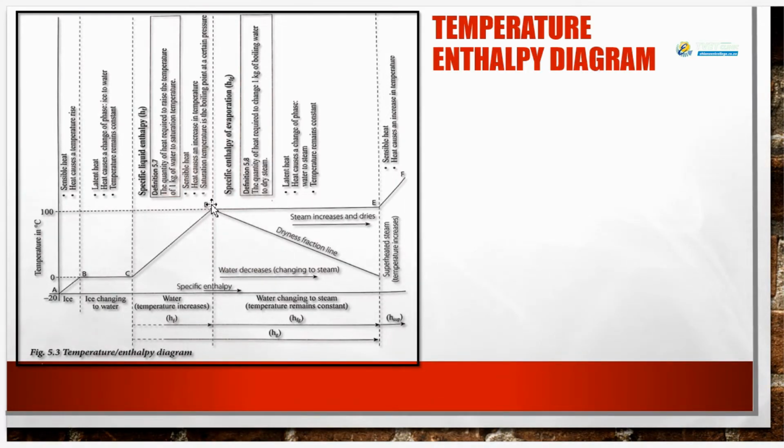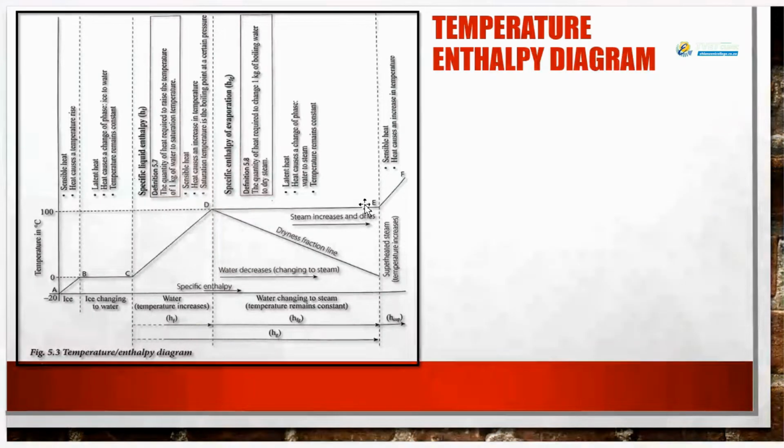Now let us look at point D to point E. Point D to point E, our temperature remains constant, 100 degrees Celsius. But what is happening to the water? The amount of water decreases. As you can see, we have a dryness fraction line showing that the water decreases, changing to steam as steam increases, right?